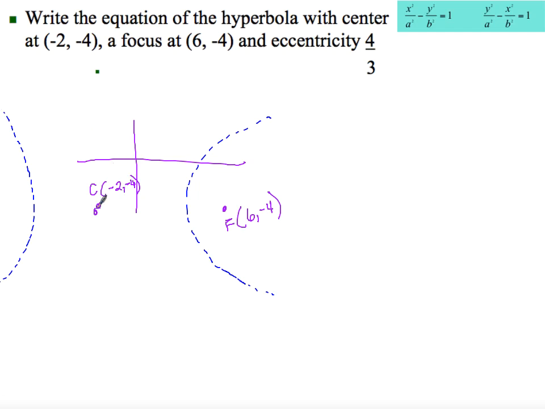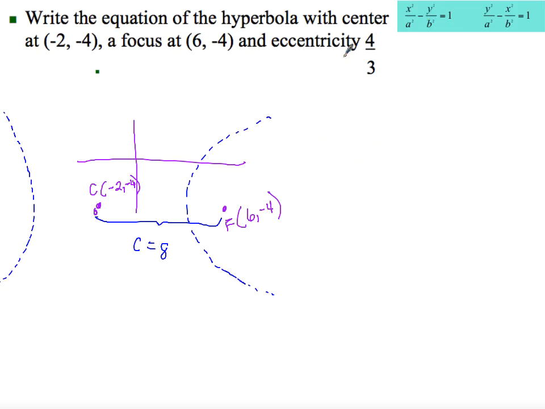If this is my center, here's my focus. I do know that the distance from the center to the focus is a distance of c. So from -2, -4 to 6, -4, I have a c value of 8. All right, my c value is 8, but c's not in my equation. I really just need to know the a and the b.